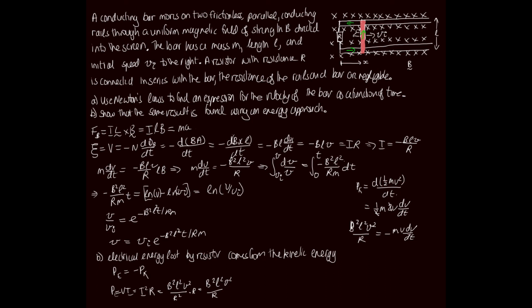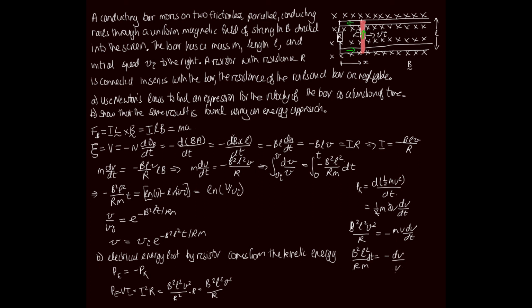And then again, we'll put all the functions of v on one side and dt and everything else on the other. So we've got b squared L squared on r, and then this m will need to come down here. And this will be equal to minus, this v squared here will cancel one of these v's here. So we'll end up with dv over v.